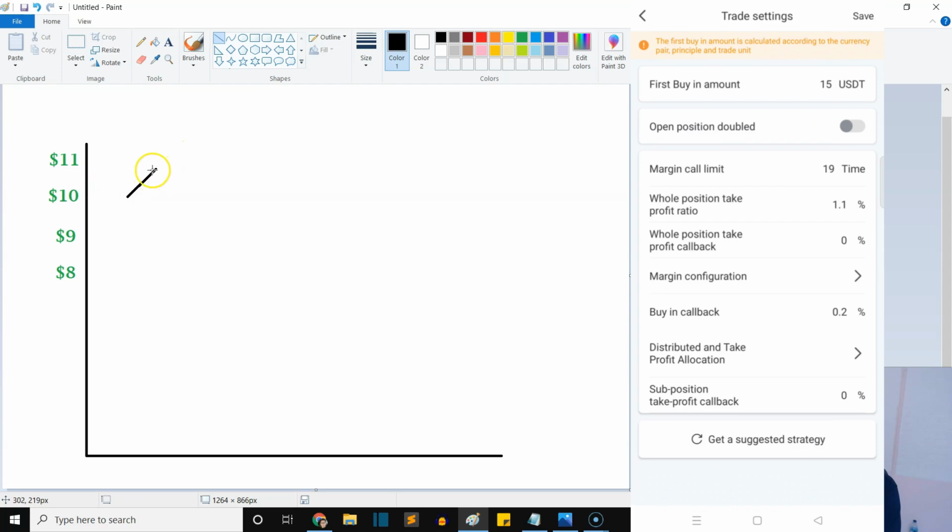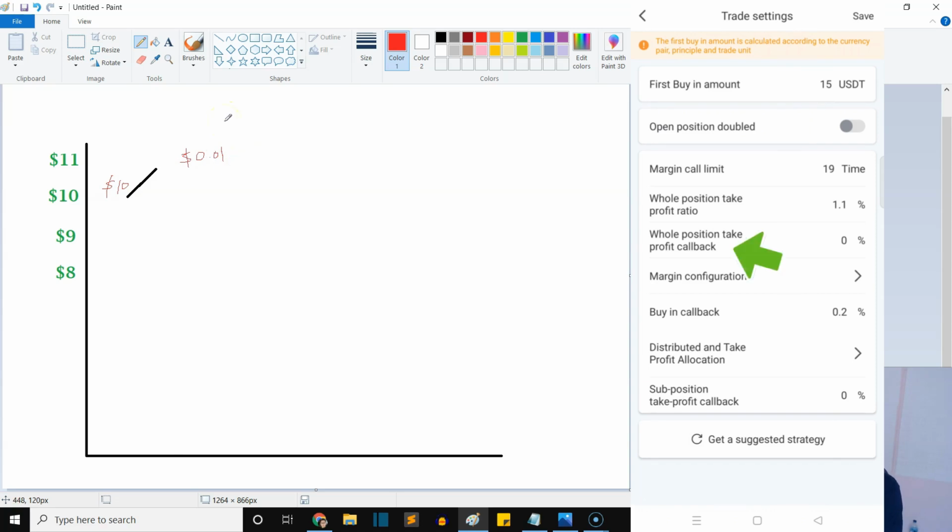So if you put in $10 here, and it goes up by 1.1%, the robot will sell. So you will earn 1.1% of your $10. That means you earn 0.01.